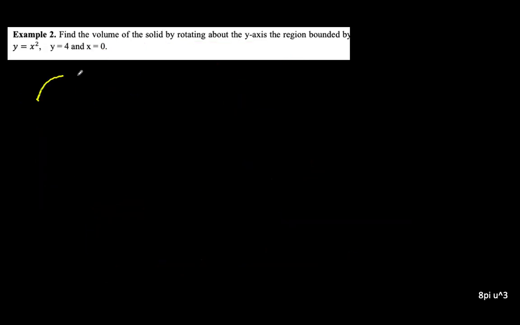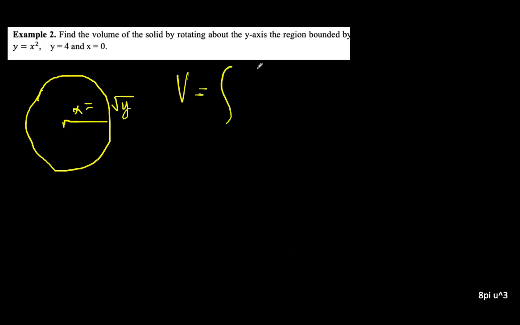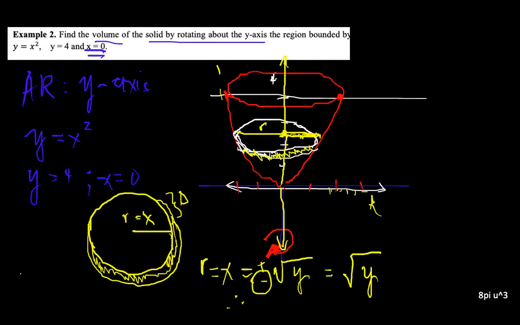So, gagawin natin, this is x which is equal to the square root of y. And our volume is equal to the integral of the area of x, area of y dy. Diba? From 0 to 4. Tama ba? 0 to 4? Yeah. From 0 to, ito ay 0, 4.